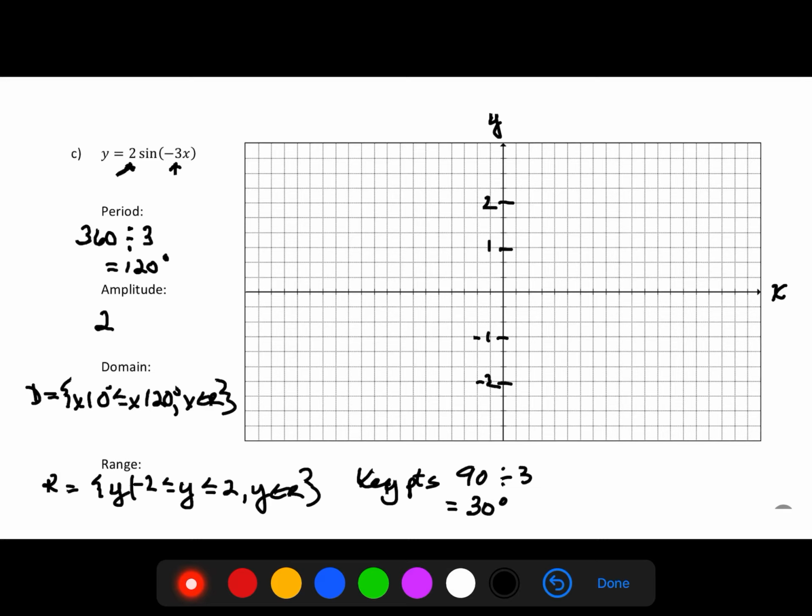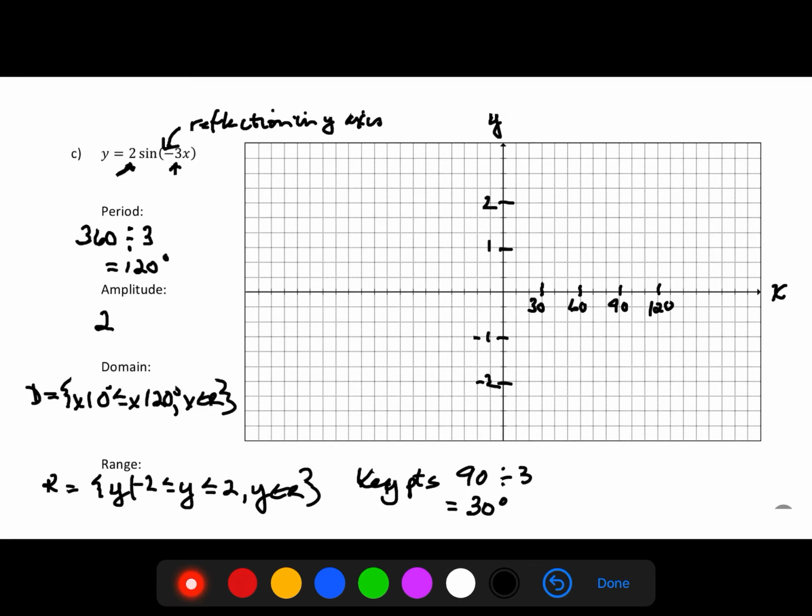We know we need to go up to 2, down to -2, and we know those points are going to go every 30, so we can make every block on here worth 10 degrees, meaning every third one is 30 degrees. We could also spread it out further.